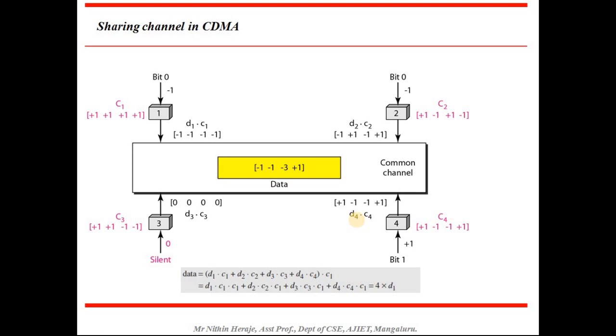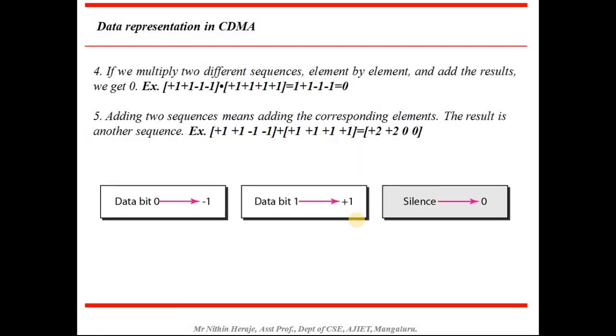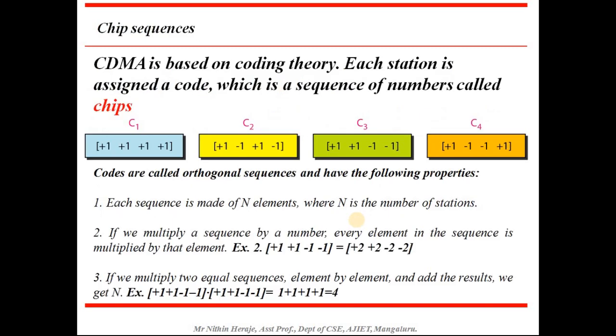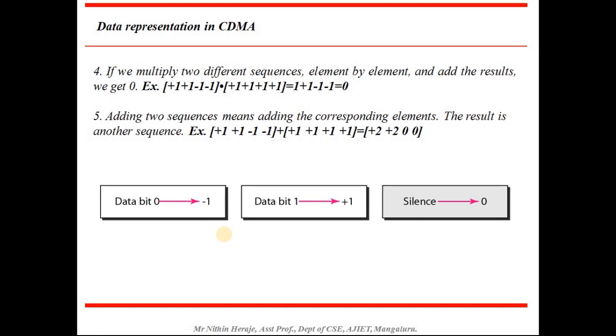So how do you do the addition? You do the addition by using the fifth property, that is adding two sequences means adding the corresponding elements.